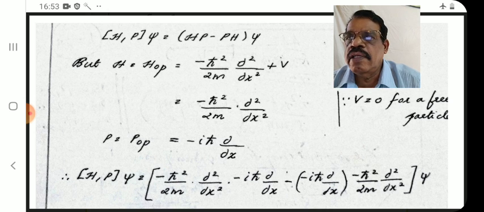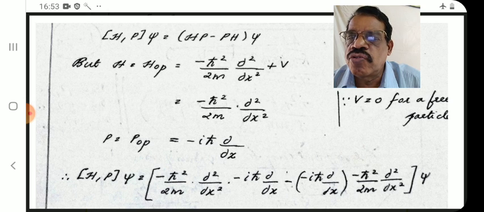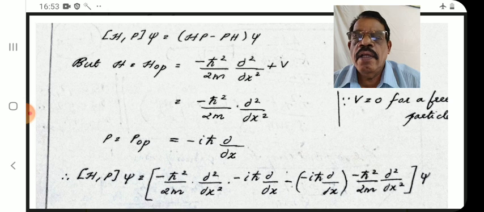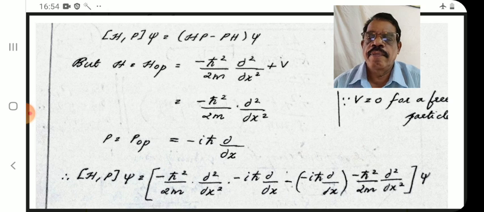Therefore, [H, P] psi equals minus h cut squared by 2m d squared by dx squared into, that is HP minus PH we are writing, minus i h cut d by dx, minus i h cut d by dx into minus h cut squared by 2m d squared by dx squared. You can put them in a single bracket.